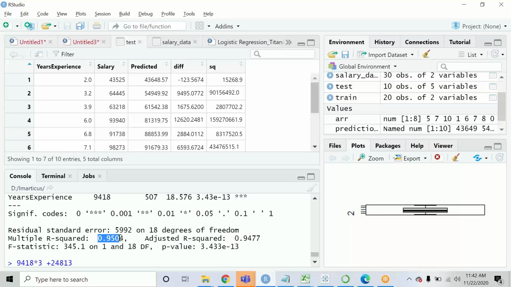Sorry, yeah, this is SSE only. Sum of square of errors. This is the actual value minus the predicted value. So this is the same thing, sum of square of errors. Okay, thank you. Sure.